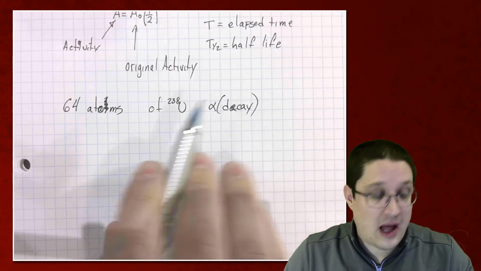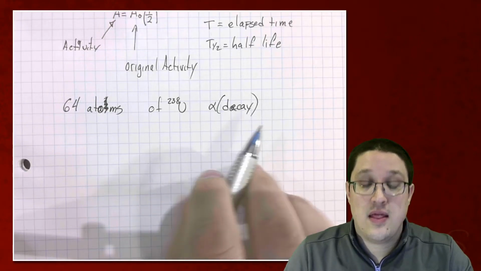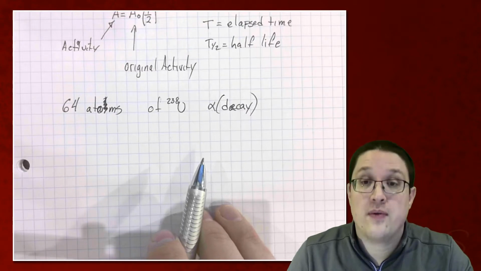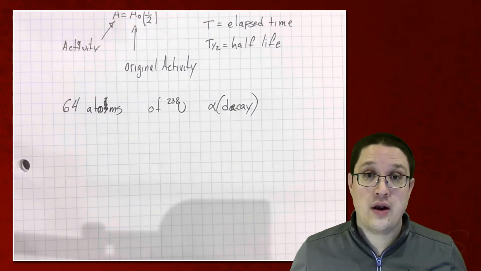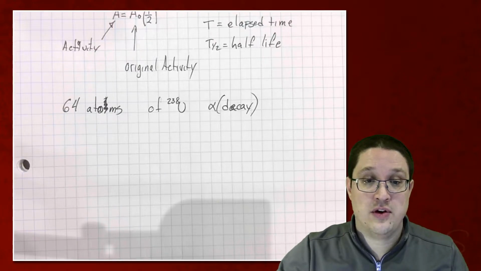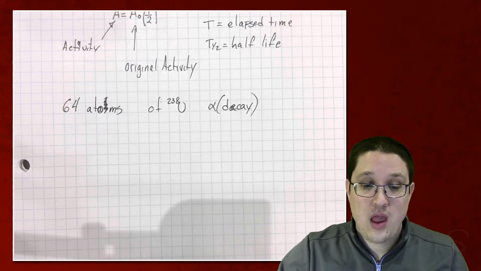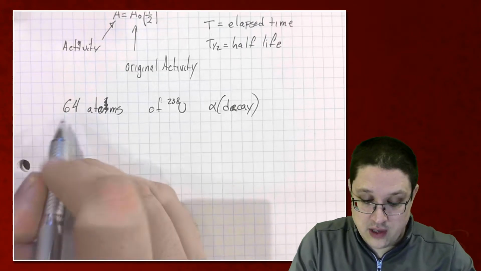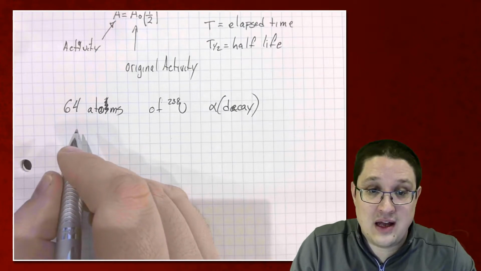So with our alpha decay here, this uranium-238 has a fairly long half-life. After one half-life for our uranium-238 here, we will be left with only 32 of these uranium. So this number is going to be cut in half.